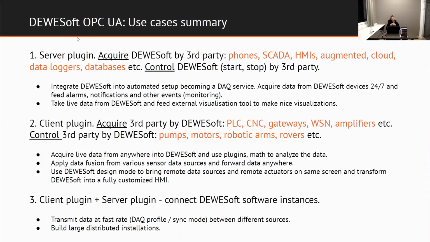With client plugin, you can acquire third-party data to Dewesoft, so you can analyze it and process it and so on. And you have client plus server plugin, so you can transmit fast data in between both sides and build large distributed installations.